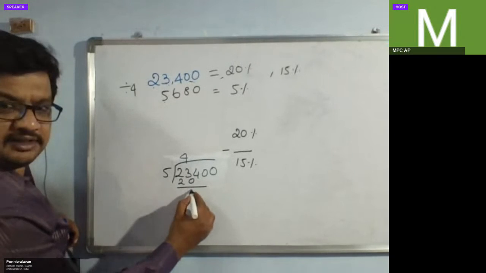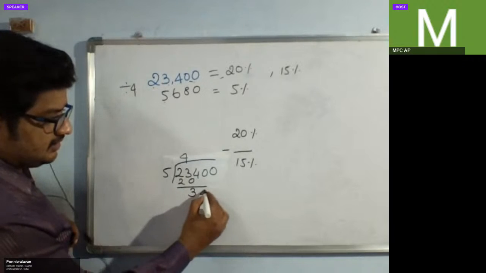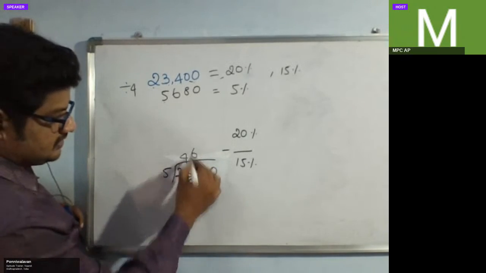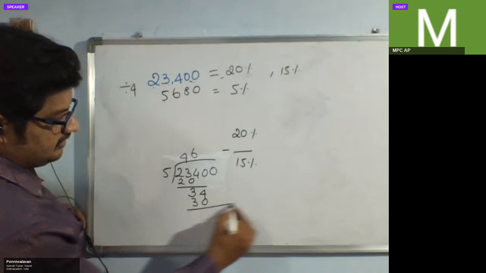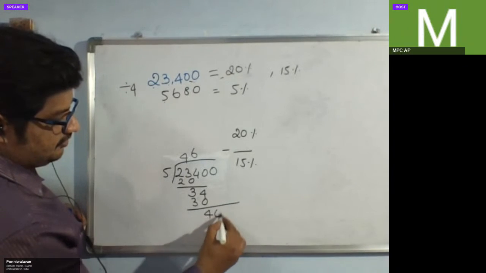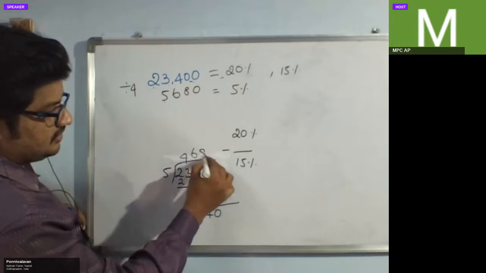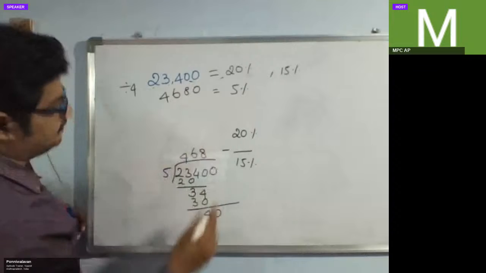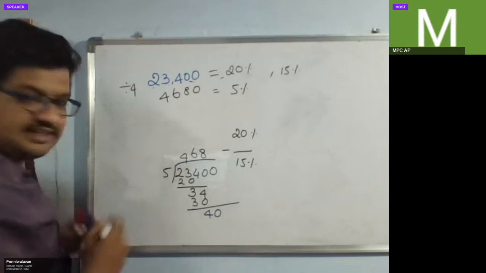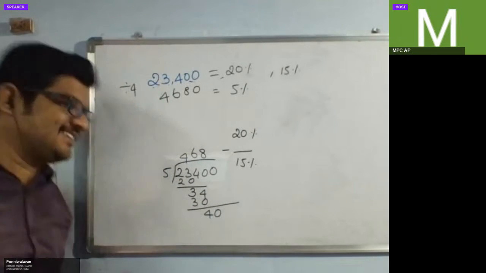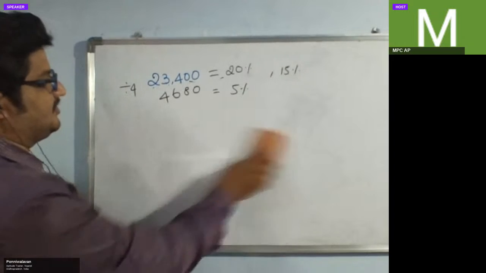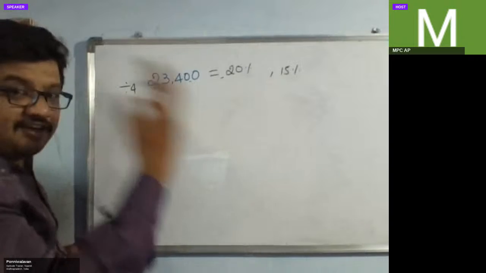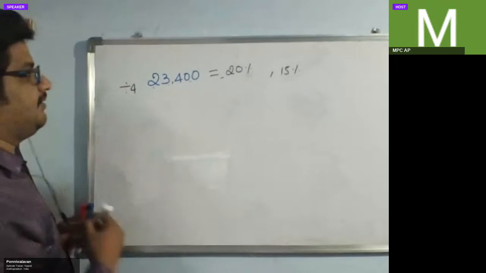Oh, sorry, 4. Sorry, 4. What did I do? Actually, the mistake, right? Yes, divided by 4. I divided by 4 and multiplied by 4.